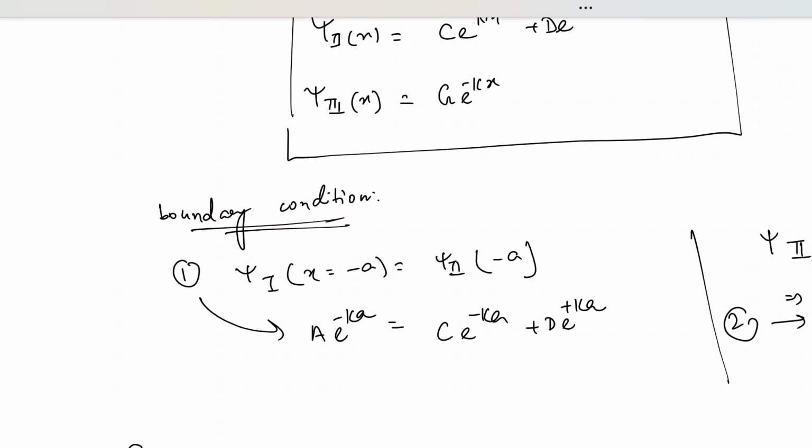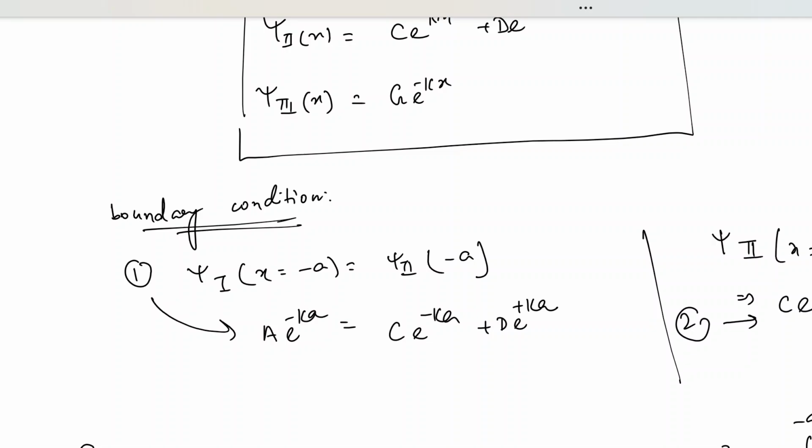This difference is equal to 2m by h cut square, integral from minus a minus epsilon to minus a plus epsilon, of the potential minus g times delta(x minus a) plus delta(x plus a), times psi(x) dx, right?